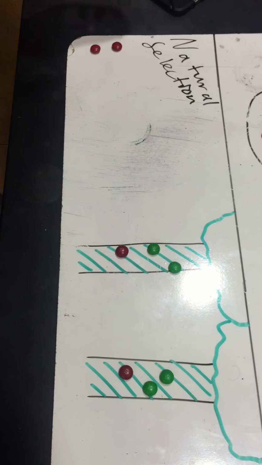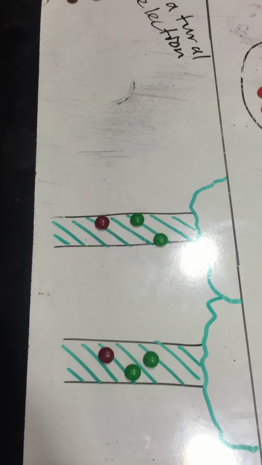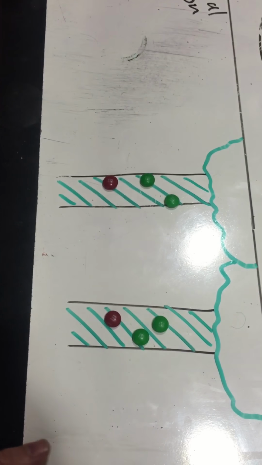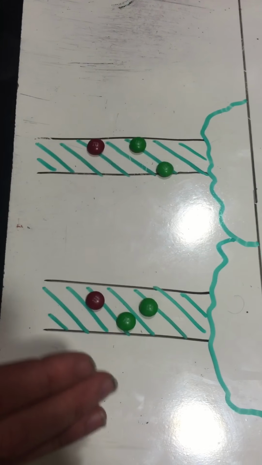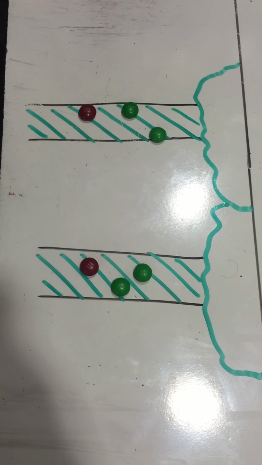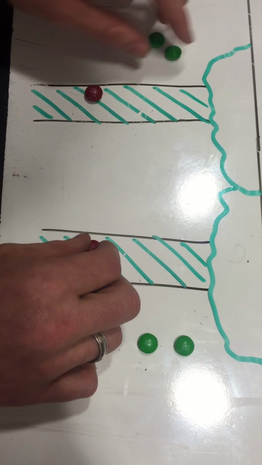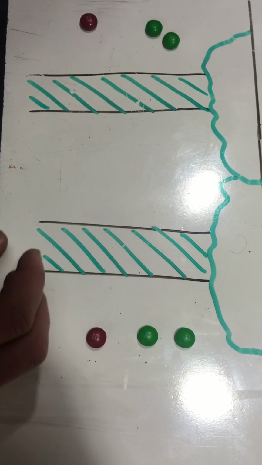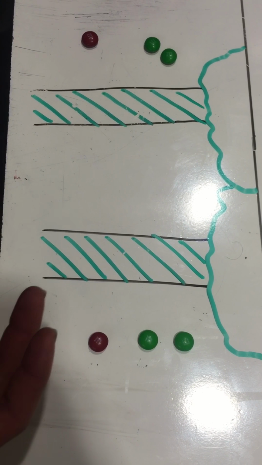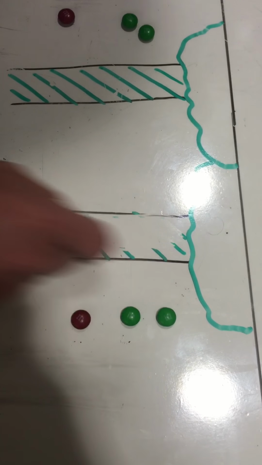Now the last and final form of evolution is natural selection. Let's say we have a forest of green trees with green bugs and red bugs. Now there will be a smaller amount of red bugs because they don't blend in as well on the trees. But let's say after hundreds of years and after the trees burn in a forest fire, they change.